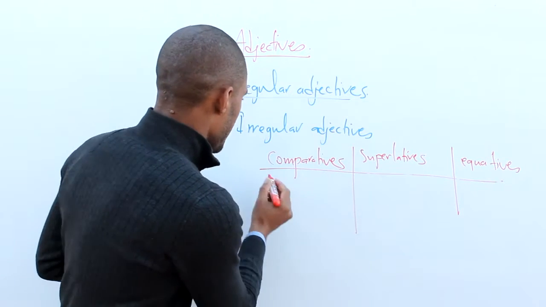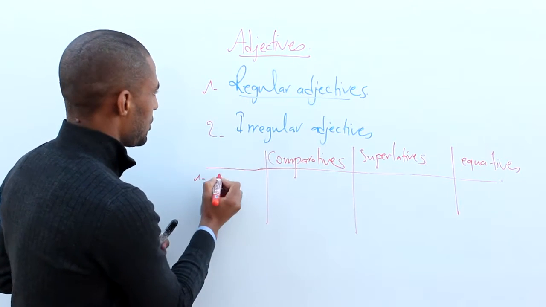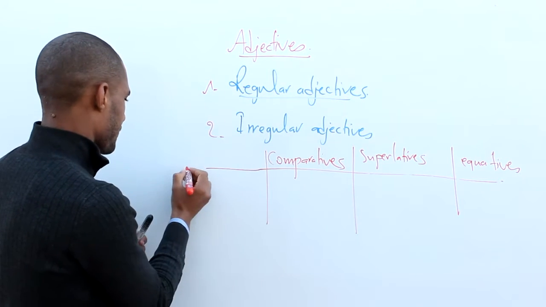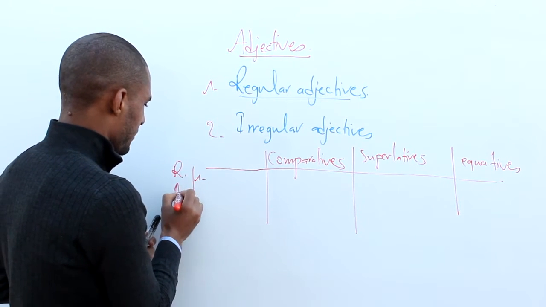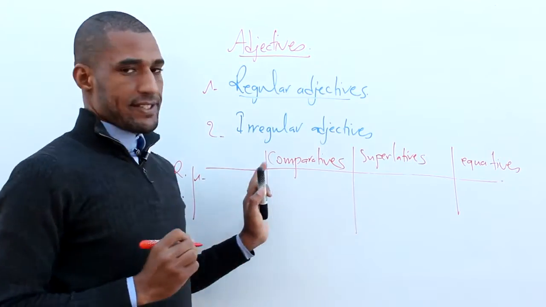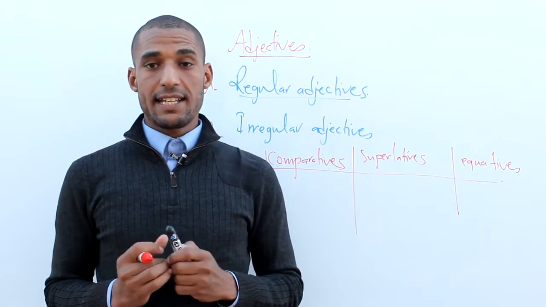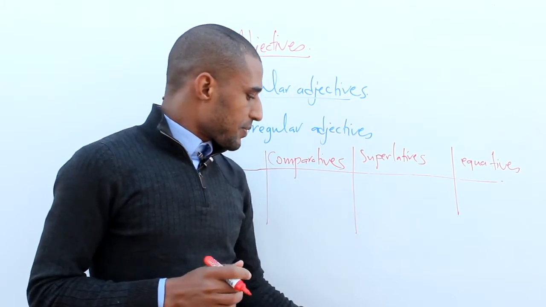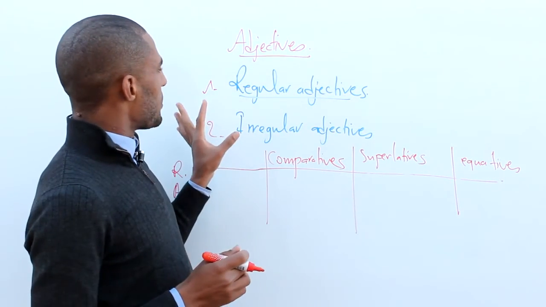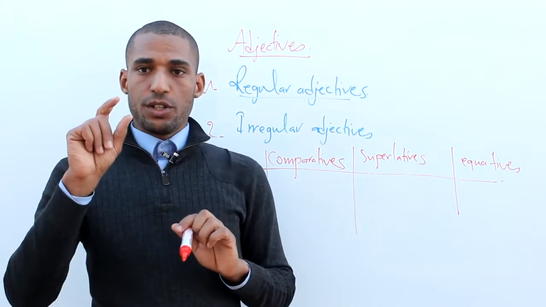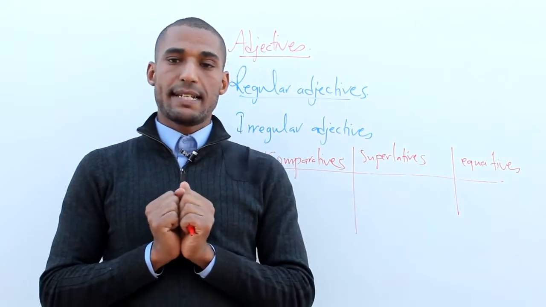So let's get started with the first type of adjectives, which is regular adjectives. Anyway, let's make it here regular, right? Adjectives. Regular adjectives, as you know, or as you may have studied in the course, in class, can be divided into two basic categories again. We've got what we call the short adjectives. In terms of length, we can distinguish between two types of adjectives.